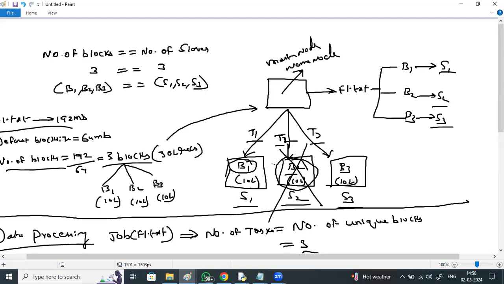If the records are sensitive data like banking data, there is a huge loss. Two things you can observe: data is lost and the T2 task has failed. Both you can observe, right?